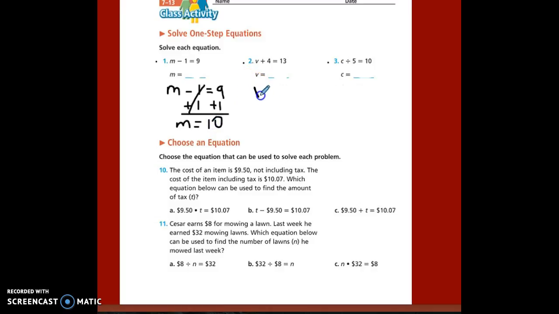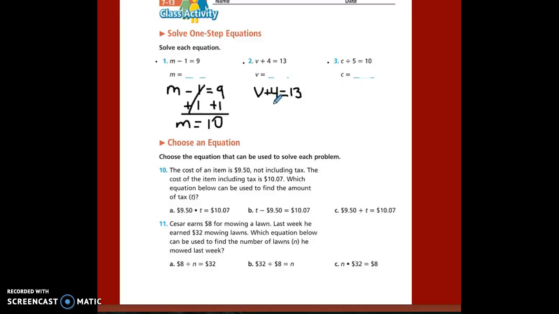V plus 4 equals 13. Now, again, I look at the operation that's being done. In this case, it's addition, and I think, okay, I want to get V by itself, so I have to do the opposite operation.